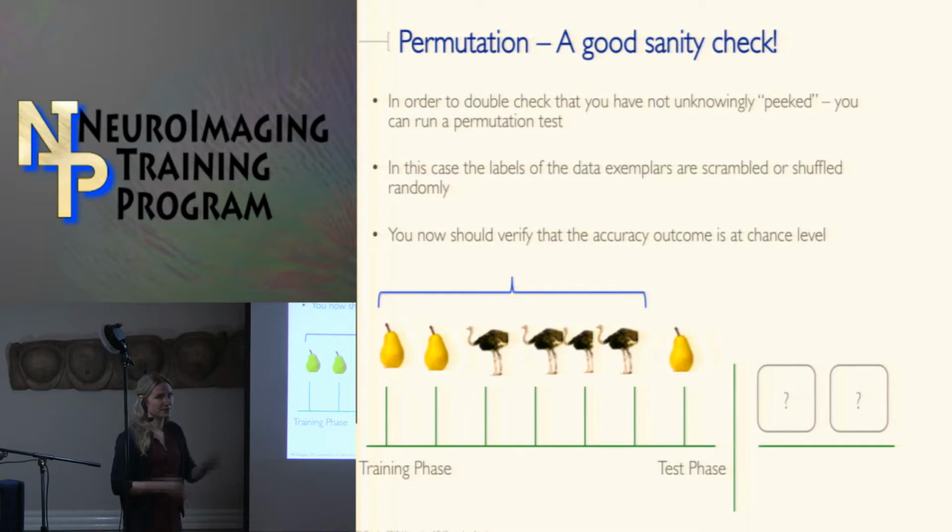If you shuffle the labels and get roughly what you would expect chance to be, then you're probably doing well. I've also done maybe a 10,000-permutation null distribution of what you would expect chance to be. And I've also seen some people use that null distribution to extract p-values from classification tests. So that's also something that you can consider.